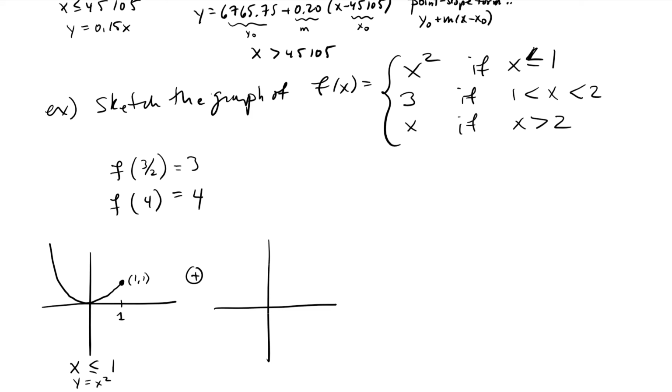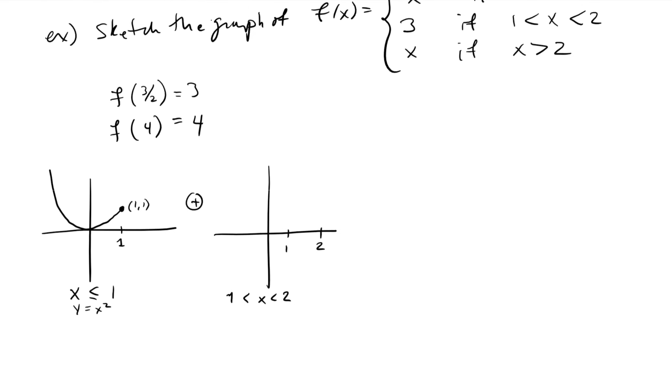Plus, after that, the function is 3 if x is between 1 and 2. Notice that 1 and 2 are excluded from the interval. This is 2, actually. So we're going to have empty dots at the ends of this portion of the curve. We graph y equals 3 from our toolkit, that's a constant function. So it would look like this. This would be (2, 3) and this would be (1, 3).